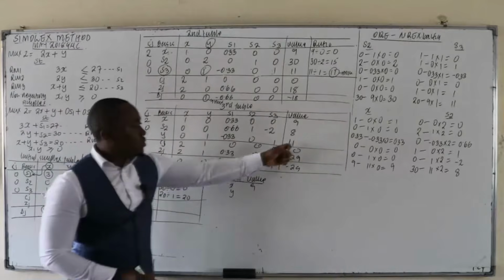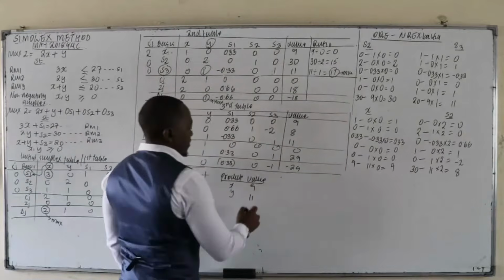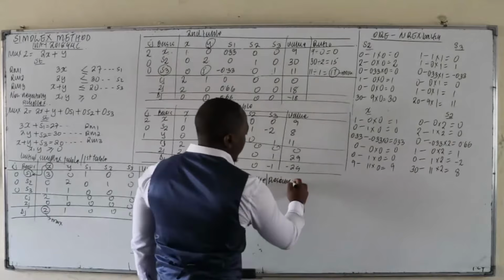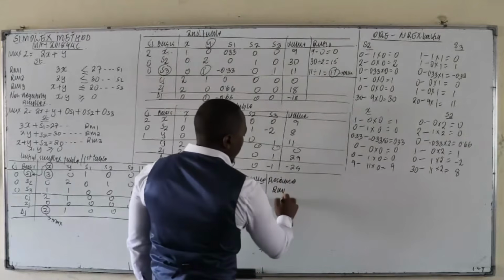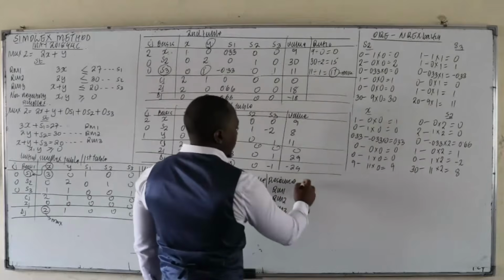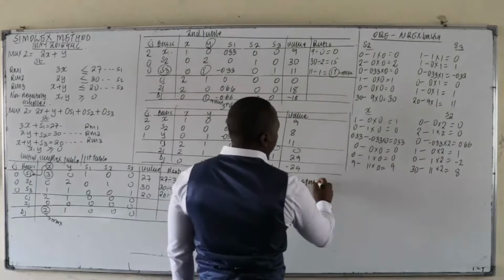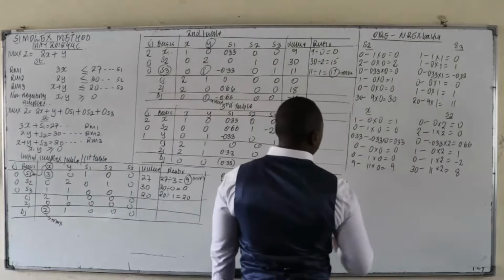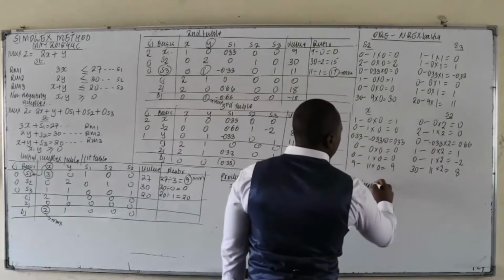Y will produce 11. Then we have resources: raw material 1, raw material 2, raw material 3. Determine their status. We can also get the slack, though it was not part of the question, as well as the shadow price.